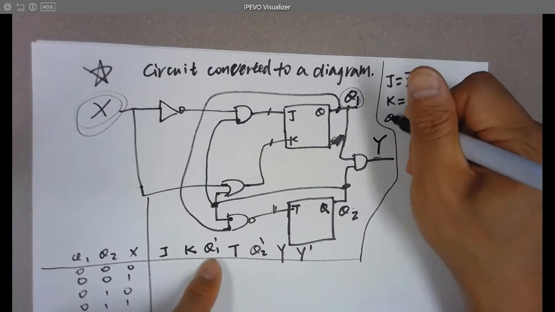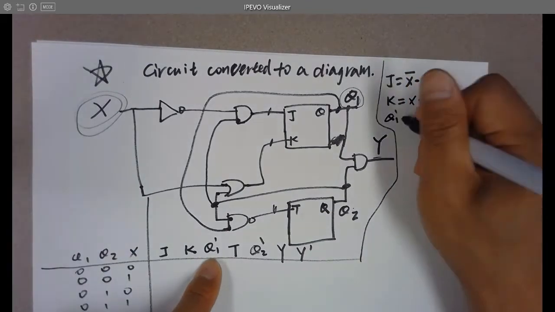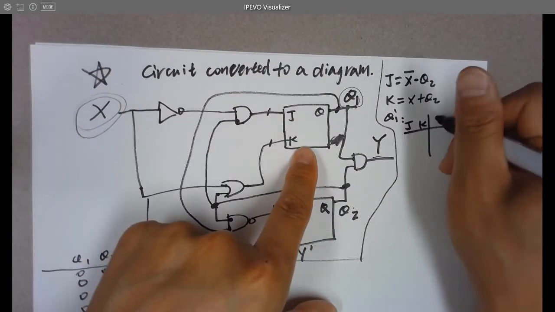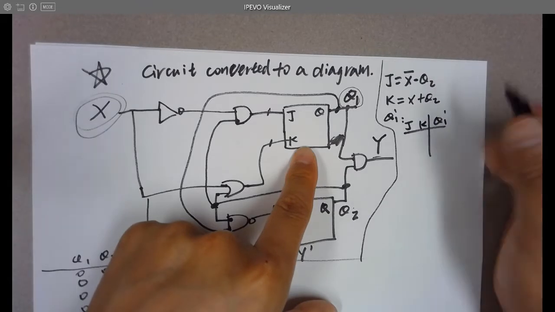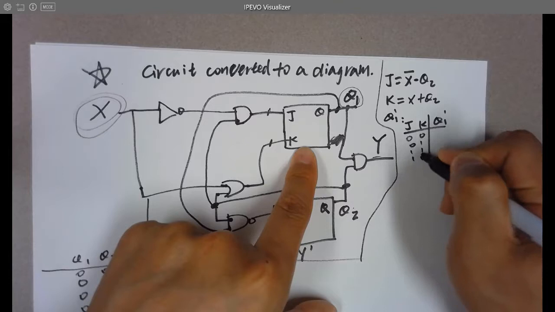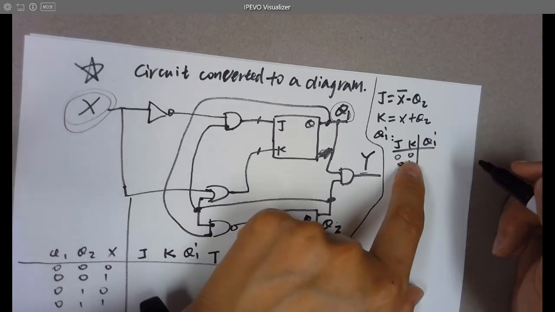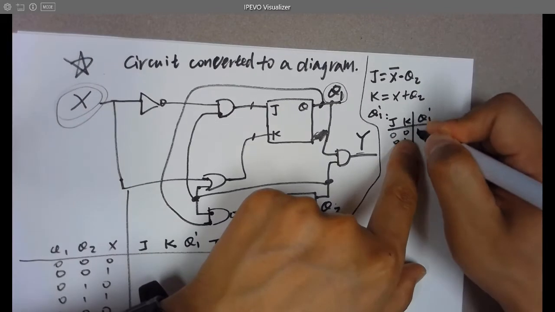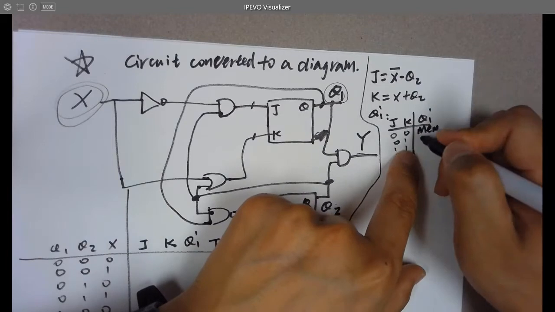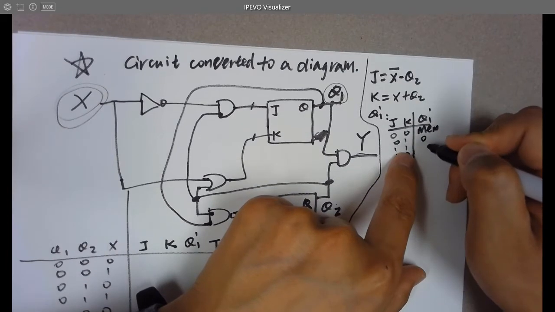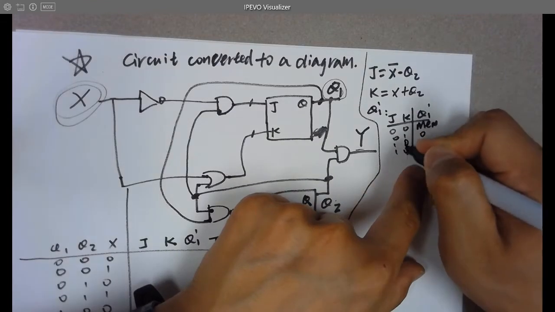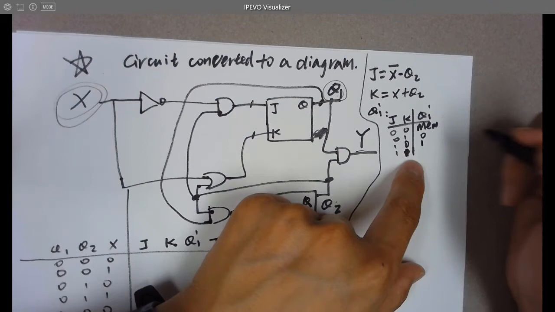What is Q1 prime? Q1 prime is the output of the JK flip-flop, right? So it depends on JK. And you have 00, 01, 11, 10 for the JK. And 00 will be what? 00 will be a memory. 01, you pass J. 10, we are going to pass 1 to it.